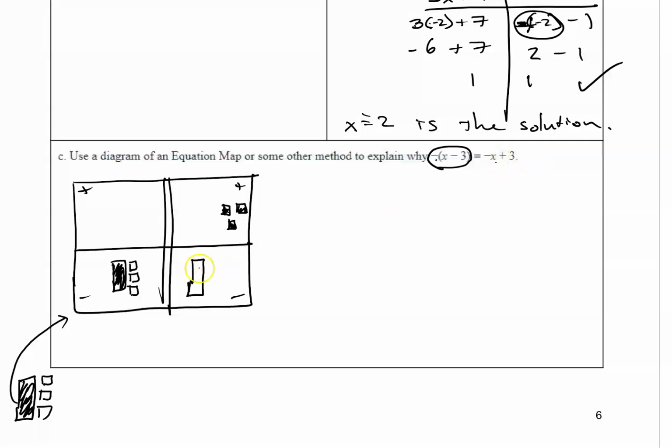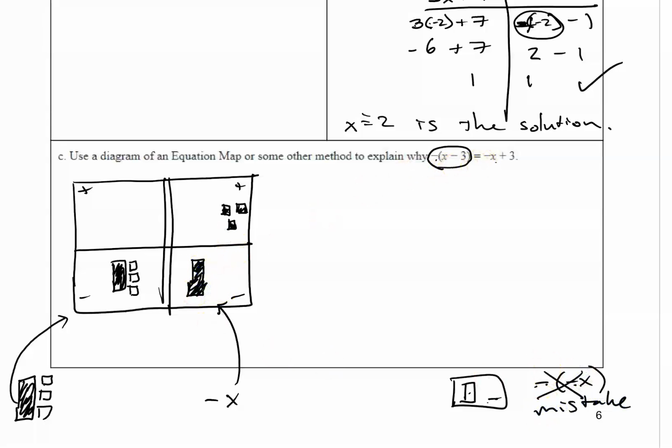So if I have a negative x tile, that is like that. My mistake was when you're in the negative region and you put a white tile, that's like saying negative, negative x. You have a negative for the negative region, and then you have a negative for the negative x tile. So that's not what I was trying to do. That was a mistake. Sorry. What I was trying to do was saying subtract x. Subtract just a normal x.